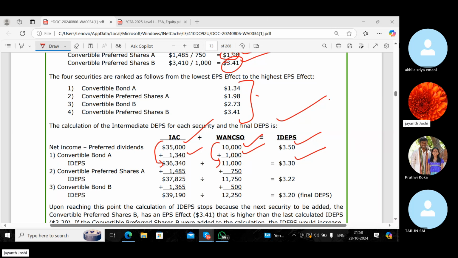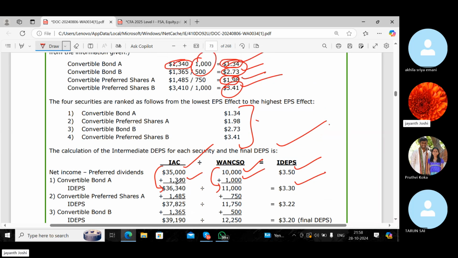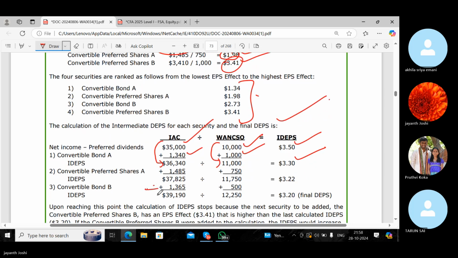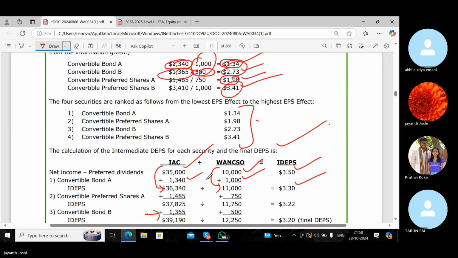Then I have the EPS effect I have to give. So the numerator I will be taking up is 1,365 and denominator 500. But before that, as per the ranking, I have taken this and then 1,000 convertible bond B. First convertible bond A, then preferred share A. Just a second.